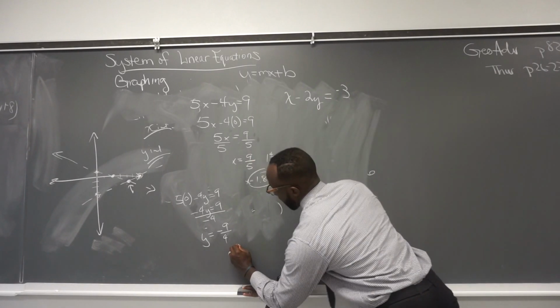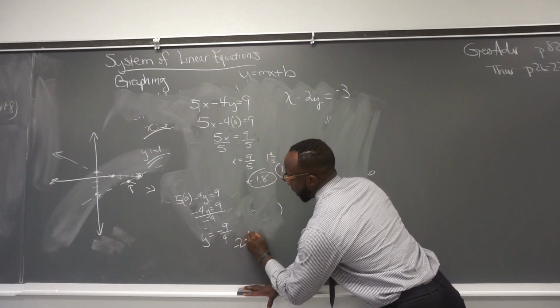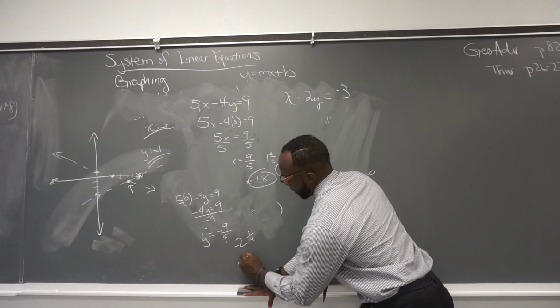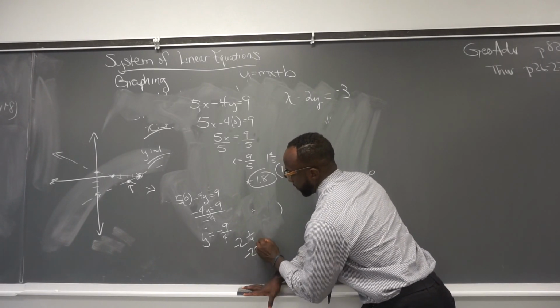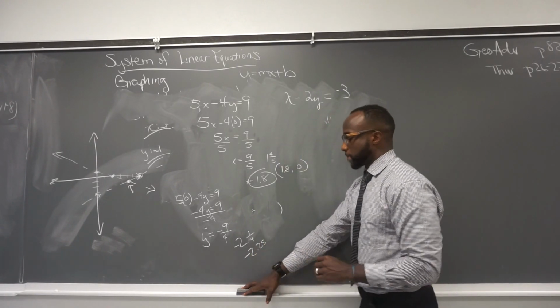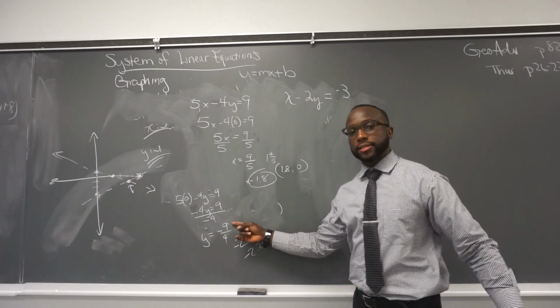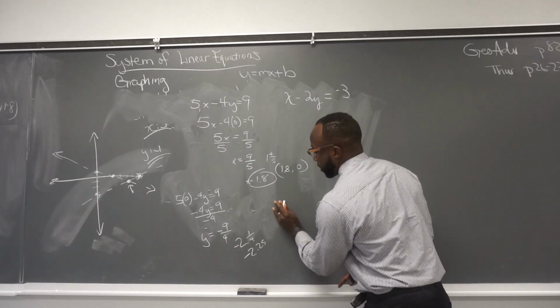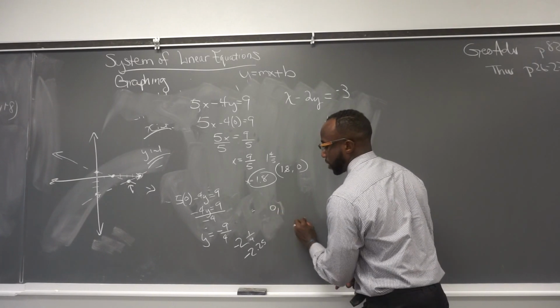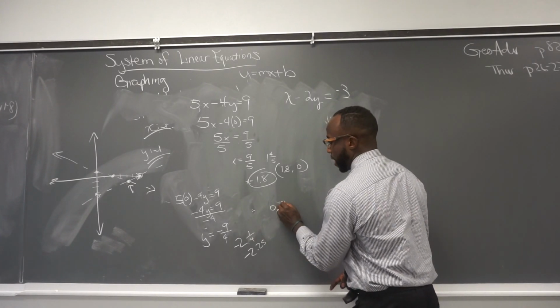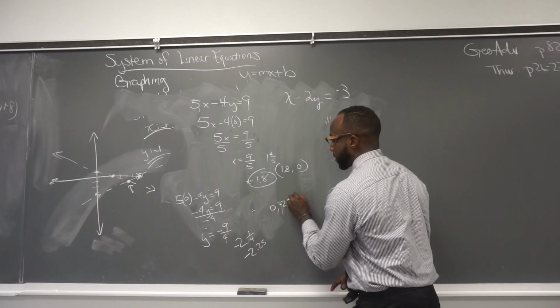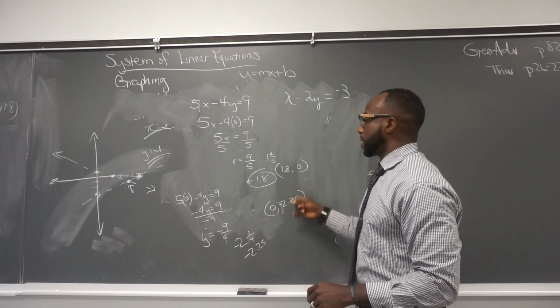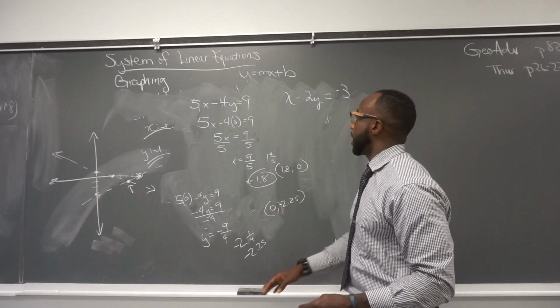Or, looks like negative 2 and 1/4. Or negative 2.25, I believe. Okay? Again, nothing wrong with getting a fraction. That's just what happens. Alright? So, your y-intercept will end up being 0, because x is 0, and negative 2.25. Alright? You plot those 2 points, and you have your line.